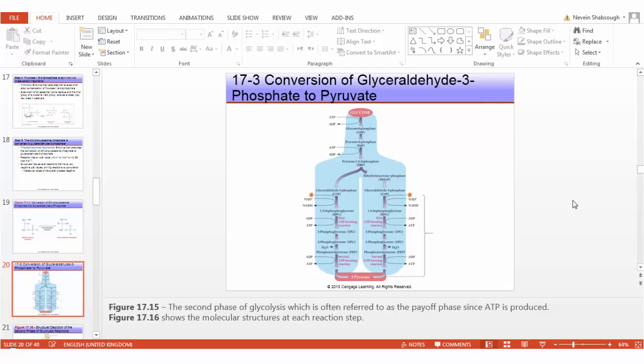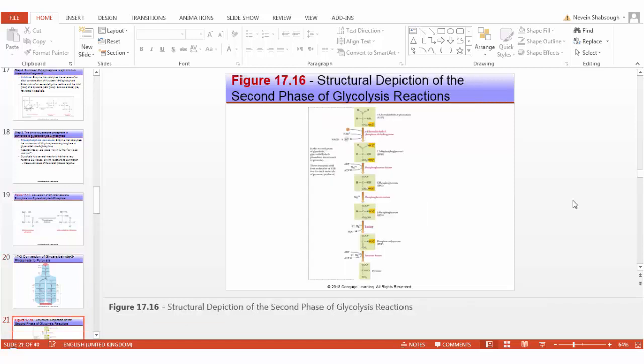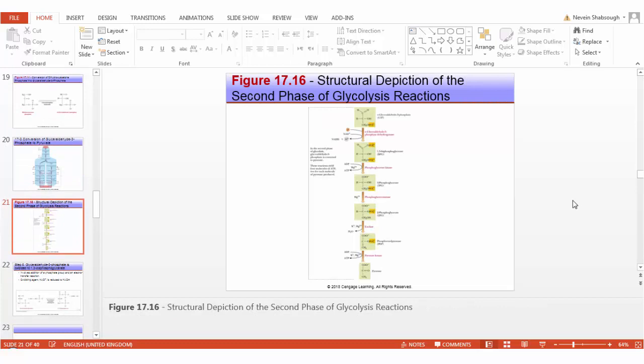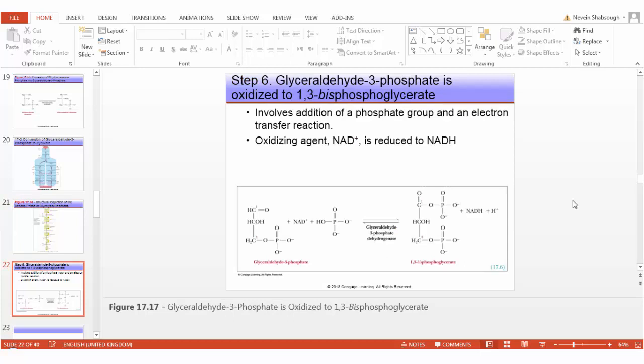Now the following figure shows the molecular structure at each reaction. So this is similar to this, but with the structures. Here we have Fischer projection structures for all intermediates that glyceraldehyde 3-phosphate passes through to form pyruvate. And we will talk about them in detail, going to step number 6.